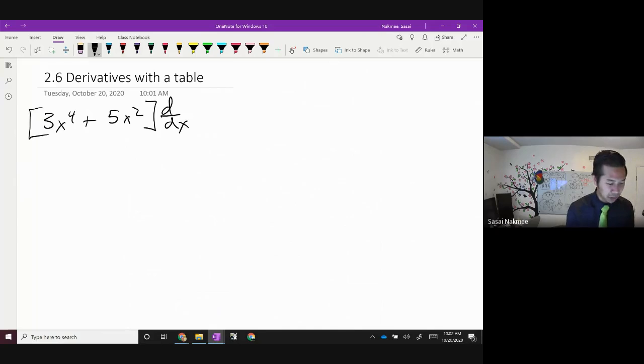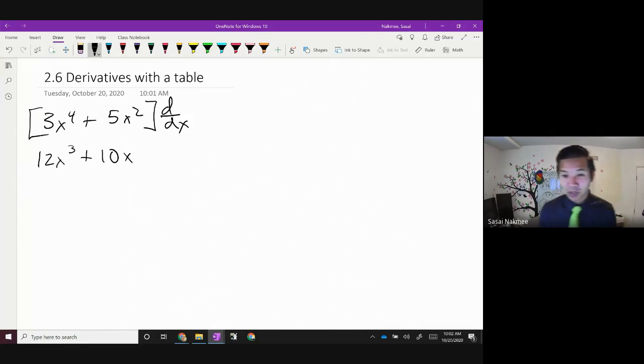This is the addition rule combined with the power rule and the coefficient rule. But of course, you know them by heart now, because the derivative of this would be 12x to the 3rd plus 10x. Hopefully, if there is a question, let me know. Are you still stuck on how to calculate the derivatives of a function like this? Let me know, and we can go over it.